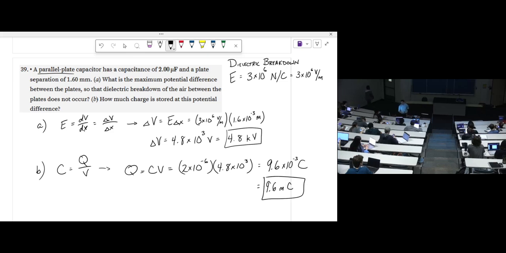A ridiculously high amount of charge. This would be farads, this would be volts, and farads are coulombs per volt. So if I've got per volts times volts, I'm left over with coulombs here.